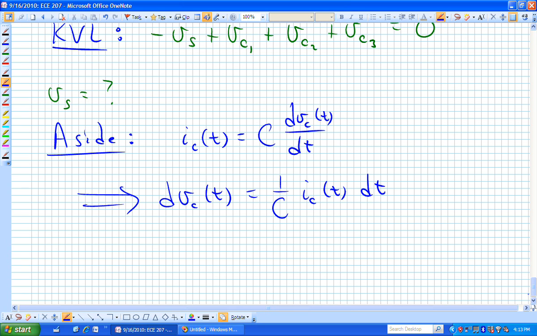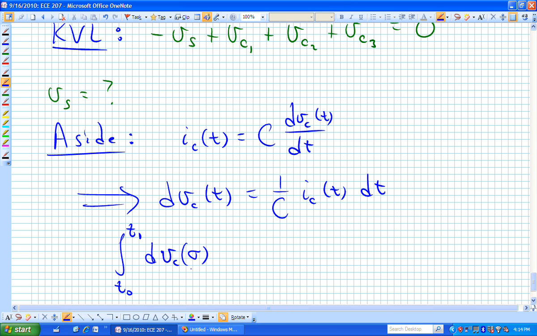And now I can integrate with respect to time on both sides. Let's go from t naught to t sub 1 of dV sub C, and what do you think I'm going to use inside my argument for V sub C? It's a dummy variable, a variable of integration. It really doesn't matter. I was going to use tau, but I don't know that you like that.